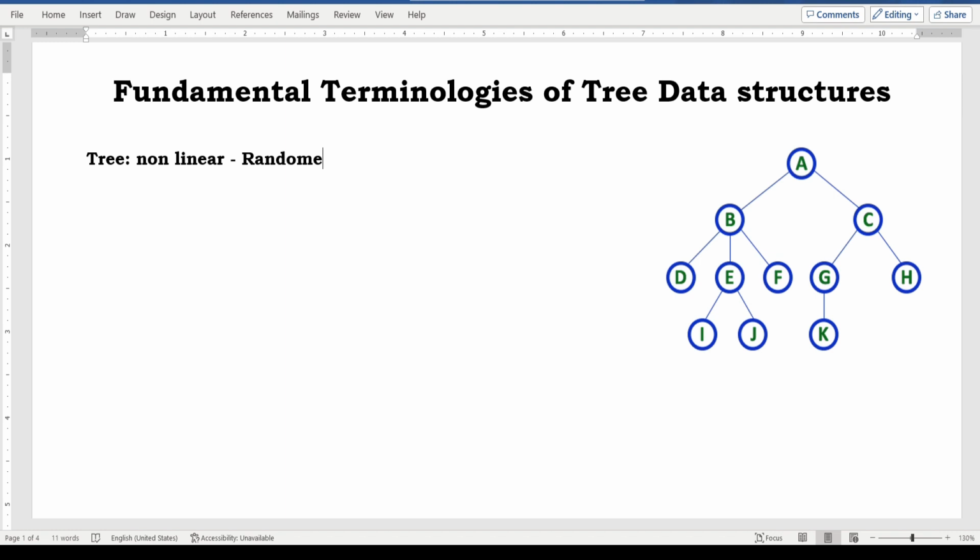A tree is widely used in a variety of crucial applications. A tree data structure can be defined as a collection of data. We can also call it a node.